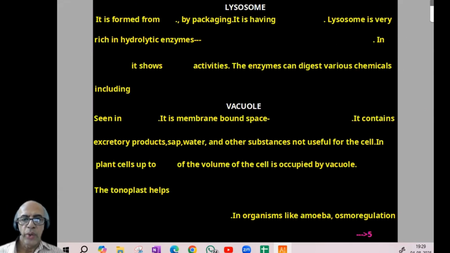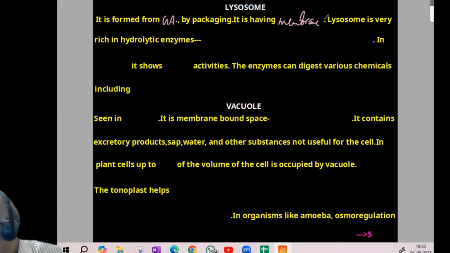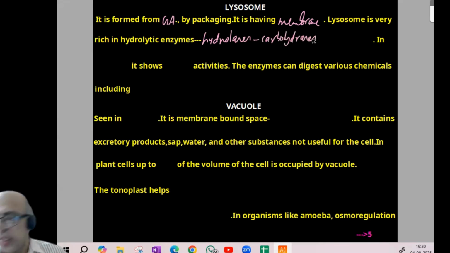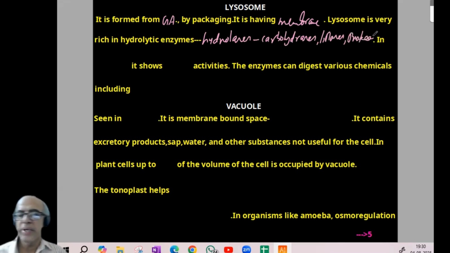Now comes the next cell organelle, lysosome. It is formed from Golgi apparatus by packaging, and it is membrane-bound. Lysosome is very rich in hydrolytic enzymes, the common category being hydrolases. Enzyme nomenclature will be studied. These include carbohydrases, lipases, proteases, so the respective chemicals can be digested.